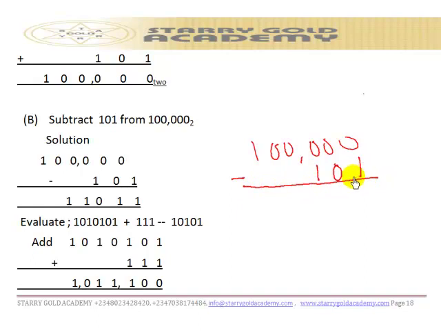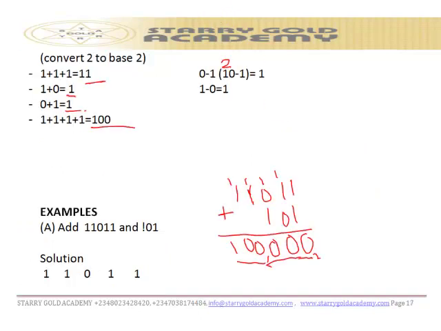Now I told you before, if you have 0 minus 1, you borrow 1. I said it when I was talking about this place. You borrow 1 and then it becomes 10. That 10 is actually 2, not 10.